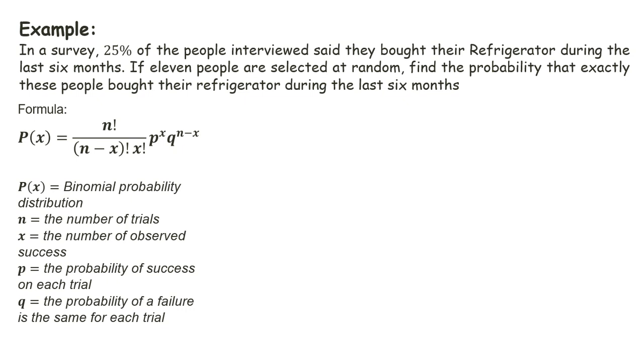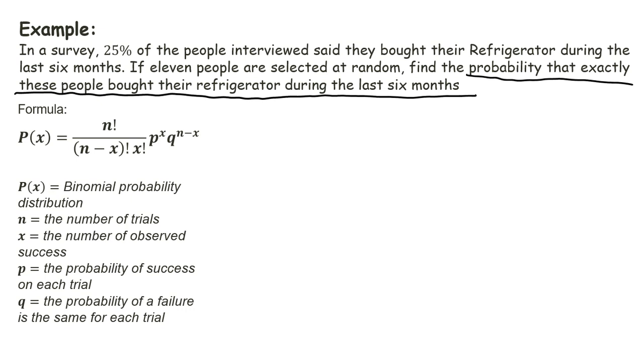So, ano daw po ang kinukuha natin dito? Ano yung binomial probability distribution natin? Yung probability po na exactly 6 people bought their refrigerator during the last 6 months po ang kinukuha natin. Okay.